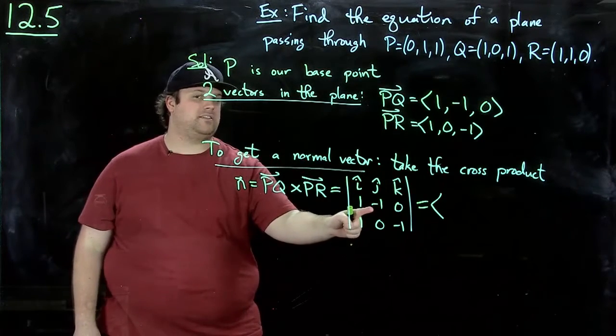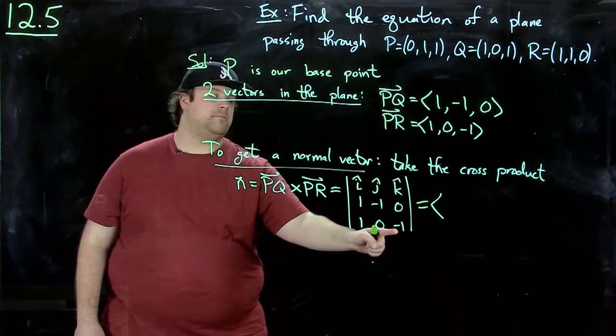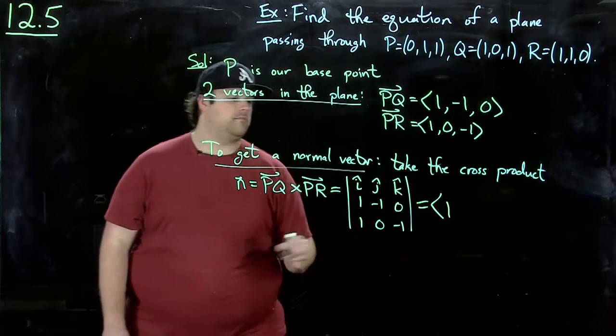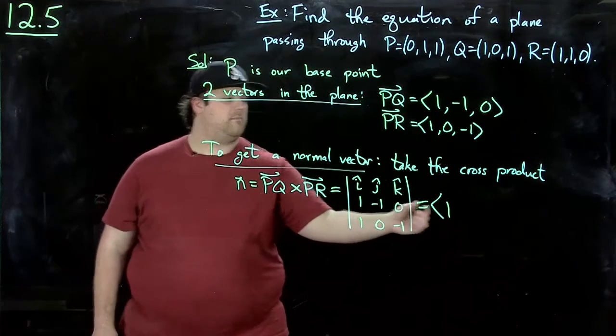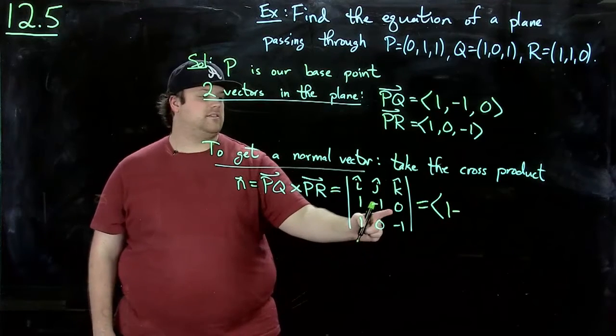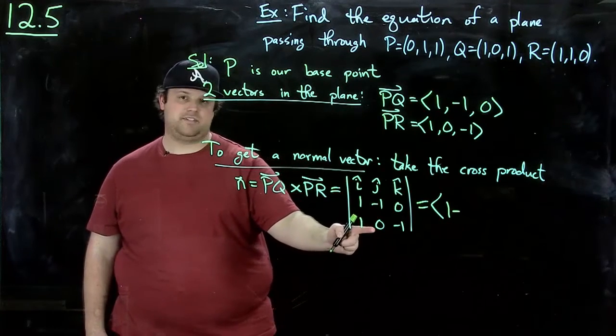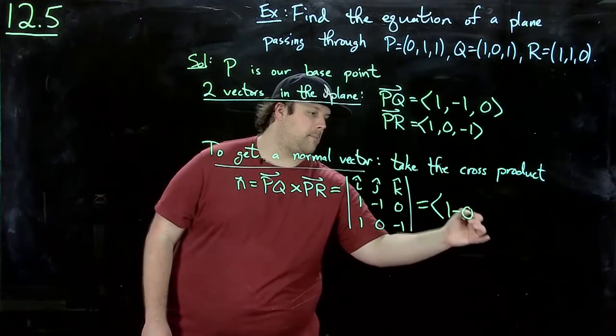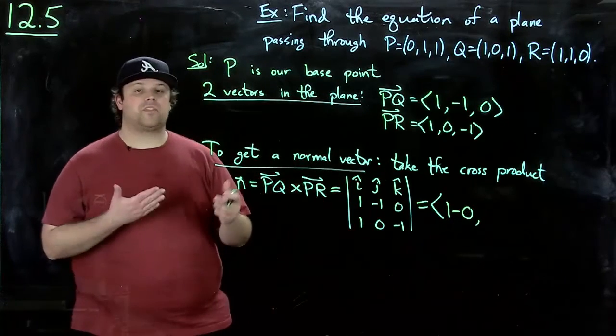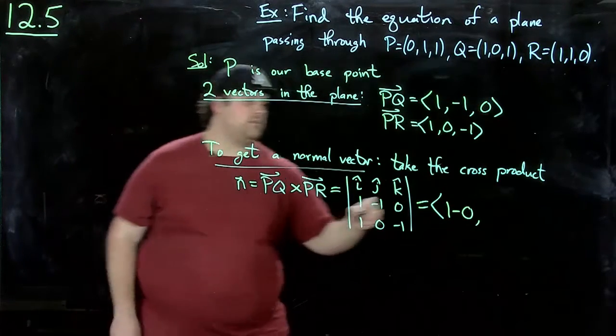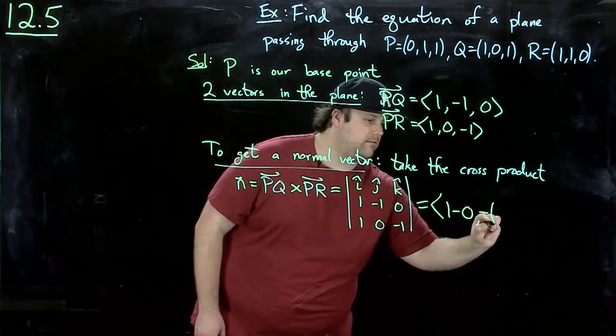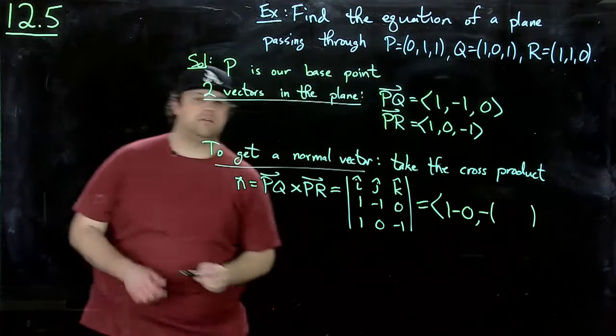Then we have minus 1 times minus 1, which is 1, and then minus 0 times 0, so just 0.